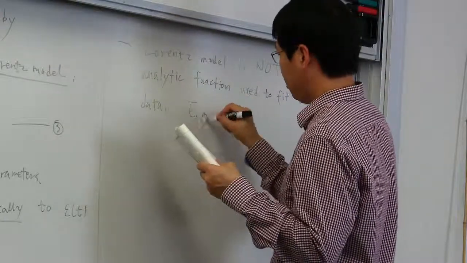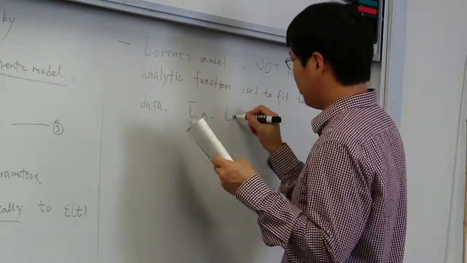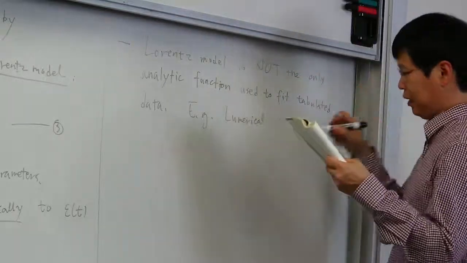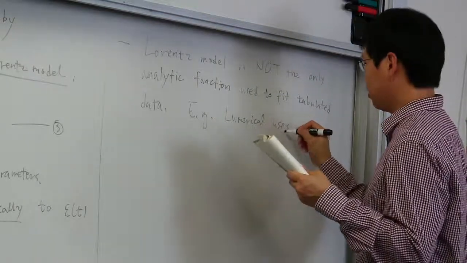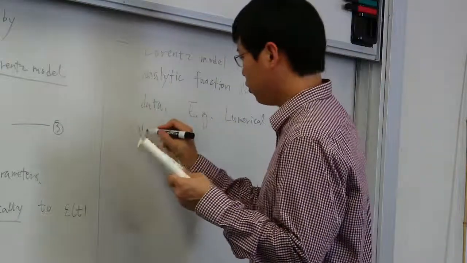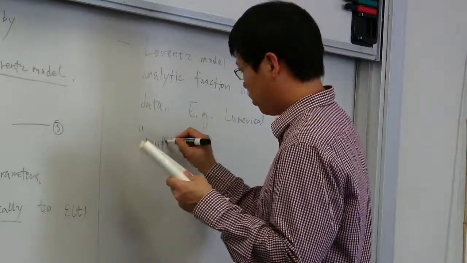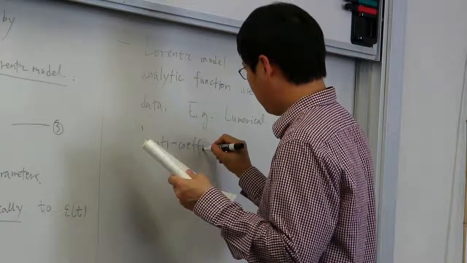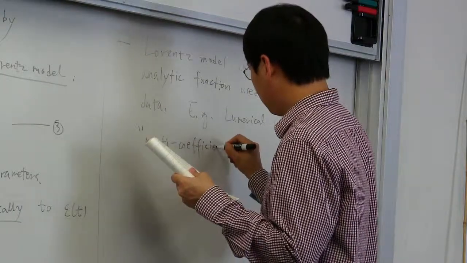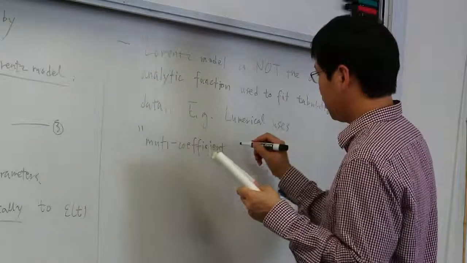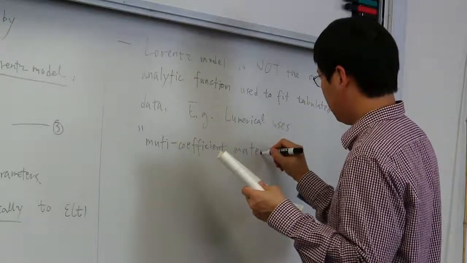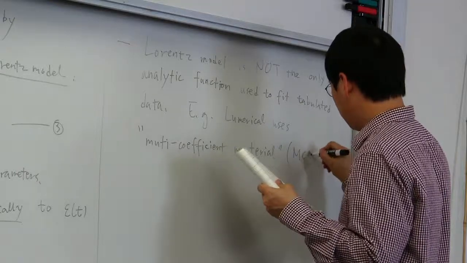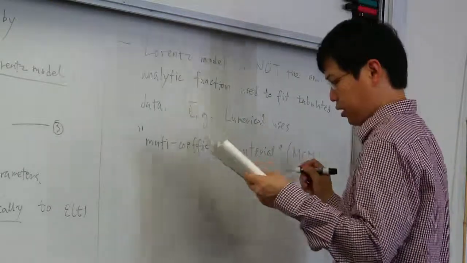For example, Lumerical uses something different. It uses the so-called multi-coefficient material model.